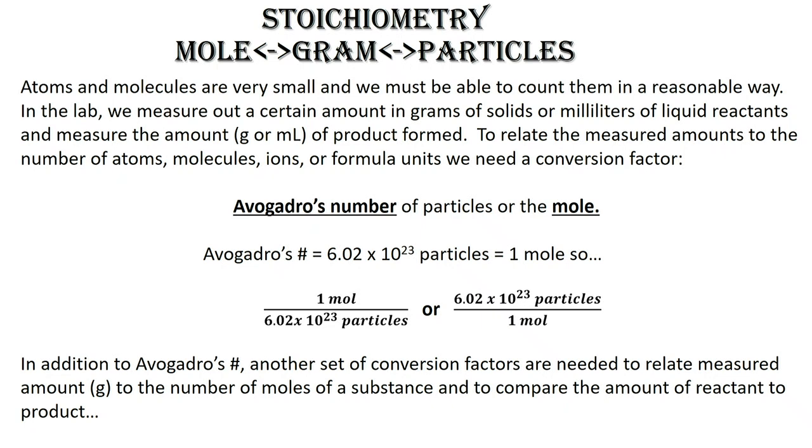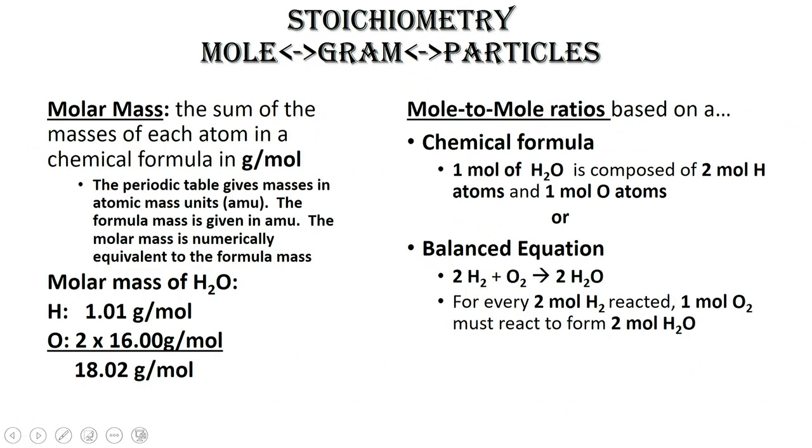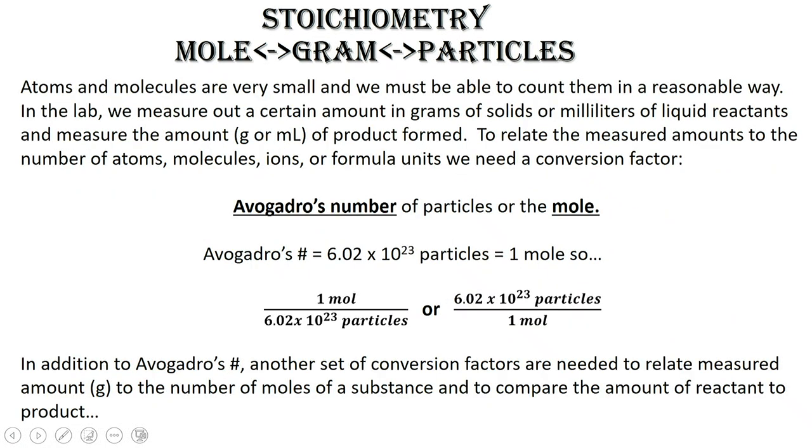And we can use that mole as a conversion factor, as we see here, where we can say 1 mole per 6.02 times 10 to the 23 particles, or 6.02 times 10 to the 23 particles per 1 mole in a fraction.